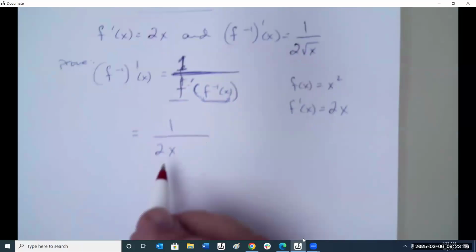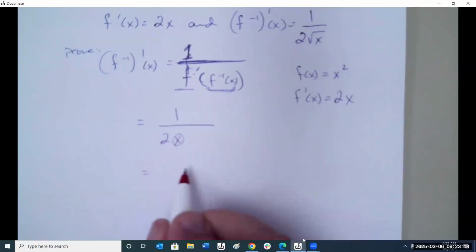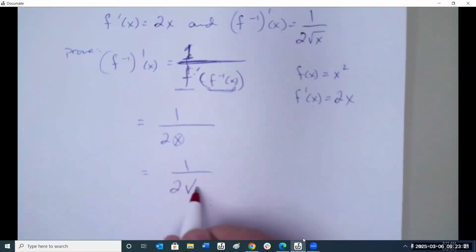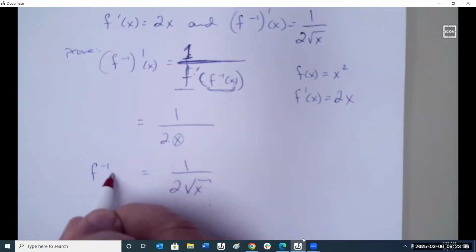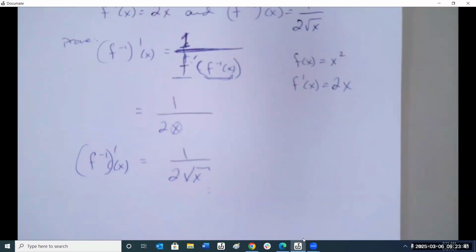Inverse is square root of x. So in place of that, we put 1 over 2 square root of x. And that's it. That's what we just proved. So what that is, that's the derivative of our inverse function.